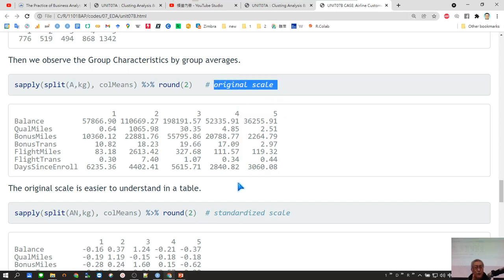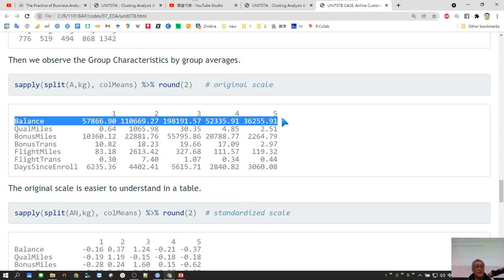But if we want to visualize this, it's very difficult, isn't it? Because every variable has a different scale. If I want to draw them into a bar plot, I will have a big problem.